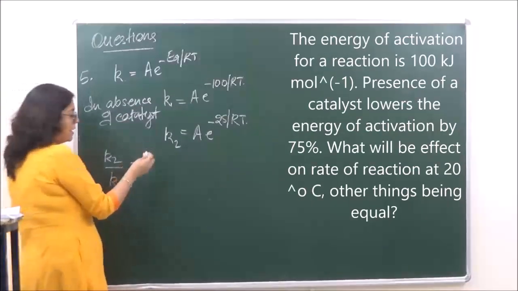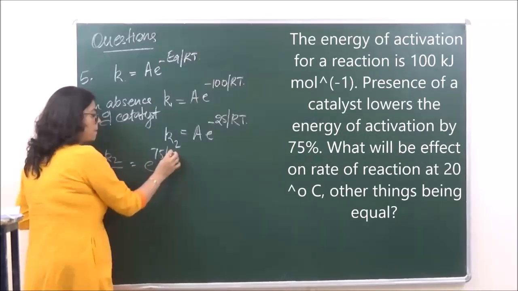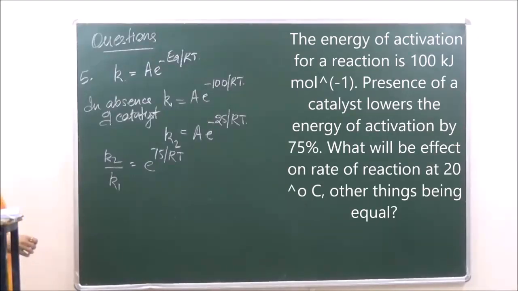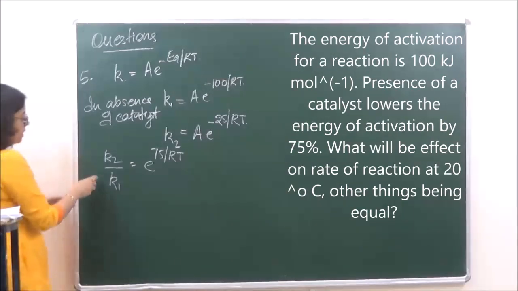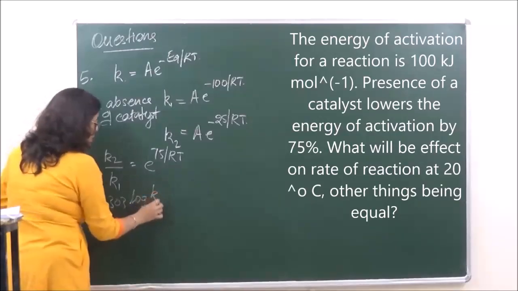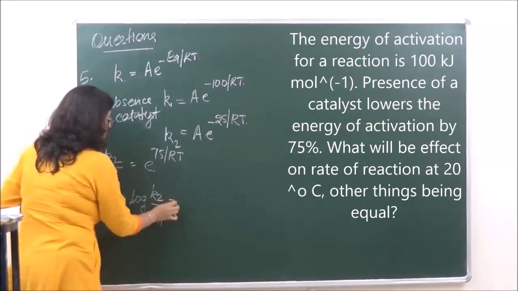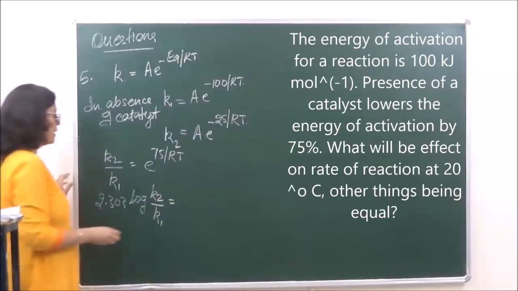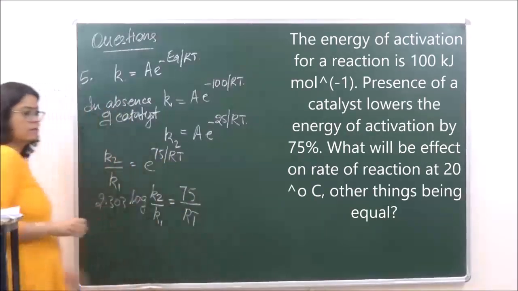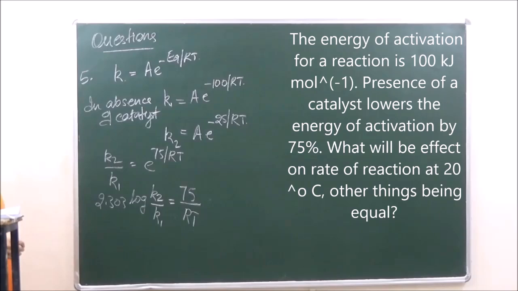Exponential of 100 minus 25, 75 upon RT. Okay, so this is what we have now. Putting log on both sides, we will have 2.303 log of K2 upon K1 equal to 75 upon RT. ठीक है? Put down the values now.